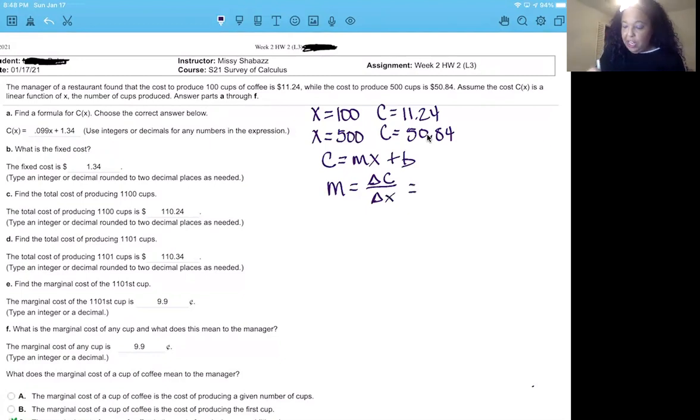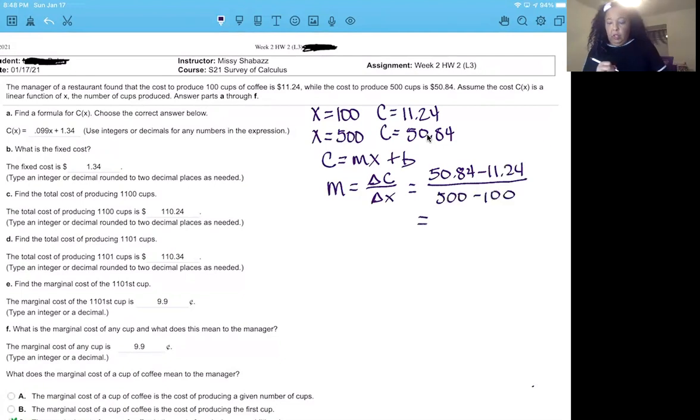So my change in cost is going to be 50.84 minus 11.24, and my change in units, 500 minus 100. So 50.84 minus 11.24 is 39.6 over 400.